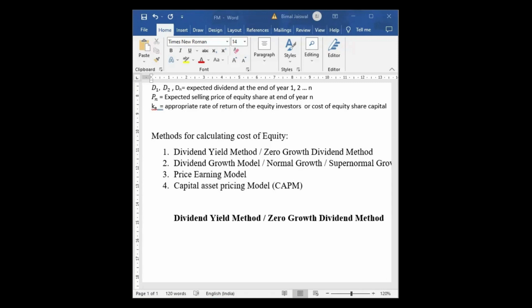We are aware that if the company is remaining with any amount of profit after meeting the liabilities in the form of interest as well as fixed dividend to the preference shareholders, the remaining amount has to be paid to the equity shareholders.